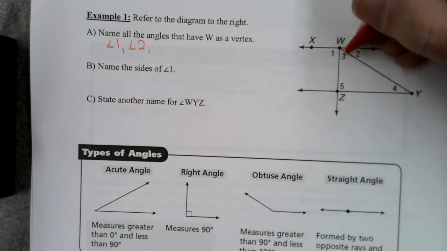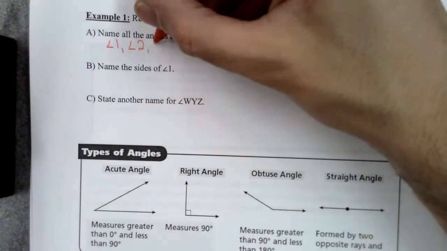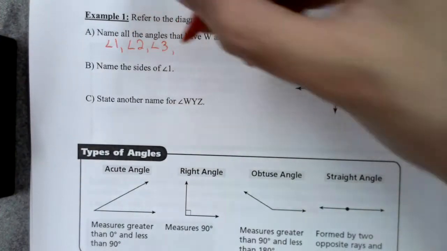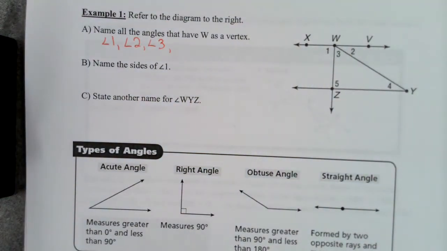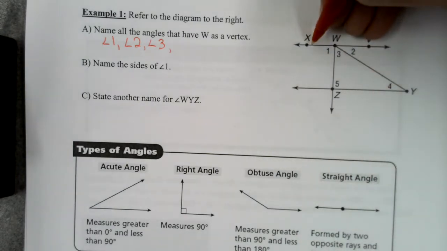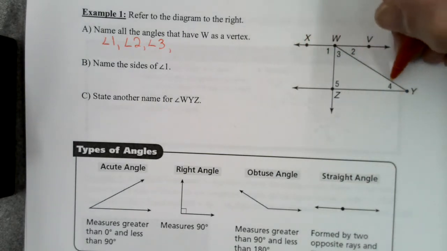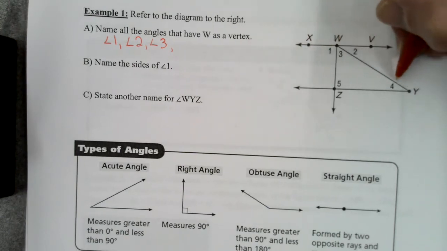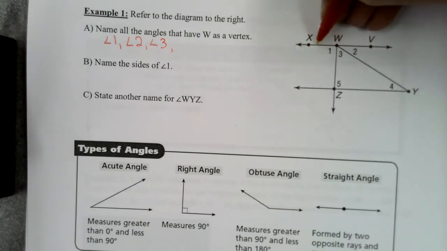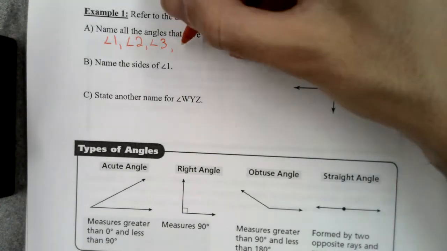So does angle 3. Angle 3 has W as a vertex. How about if I talked about this big angle right there that kind of combines angle 1 and angle 3? That has W as a vertex. So I'm going to name that angle XWY.